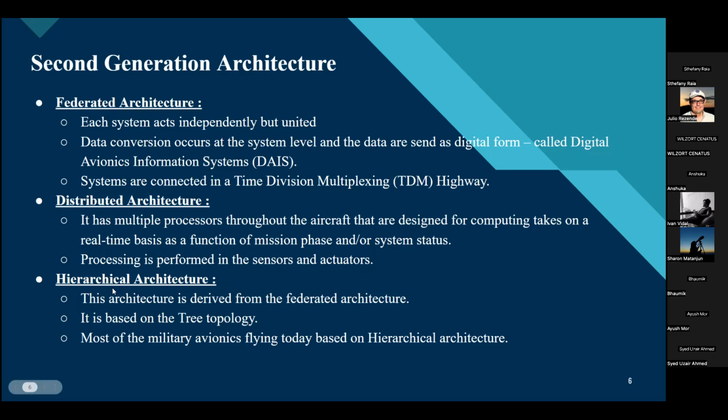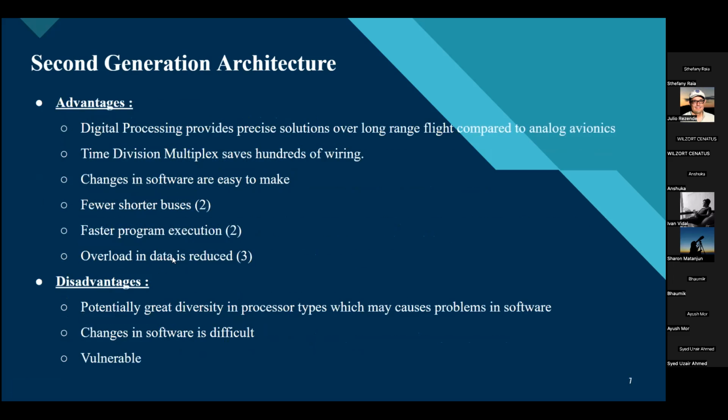Then we have the hierarchical architecture. It's basically like a tree topology. This architecture is derived from the federated architecture. It is based on tree topology, and most of the military avionics flying today is based on this architecture.